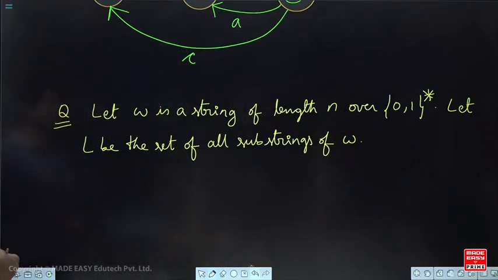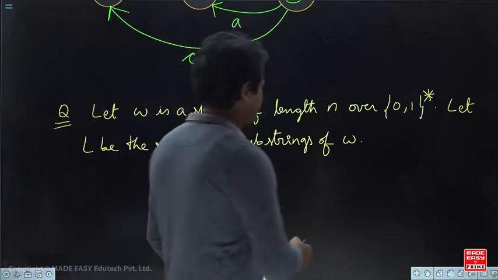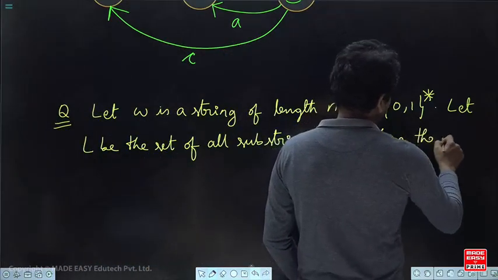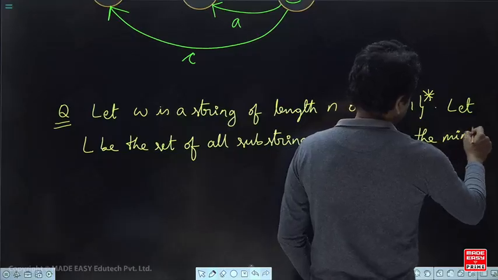Let W be a string of length n over the set {0, 1}. Let L be the set of all substrings of W.